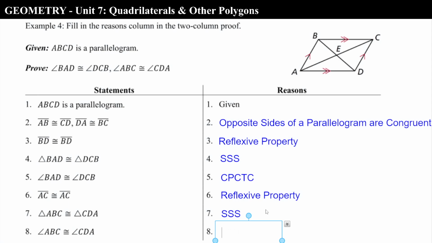And we can show that the angles inside those triangles are the same by corresponding parts of congruent triangles are congruent, CPCTC. And so this is the proof that opposite angles of parallelograms are congruent. And we did that by using what we know about triangles. It all goes back to triangles.